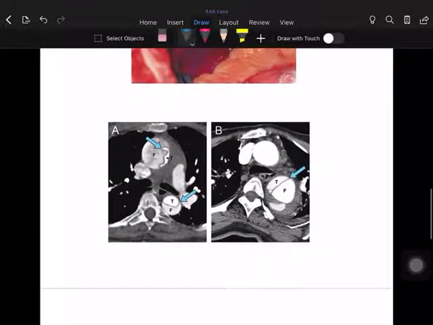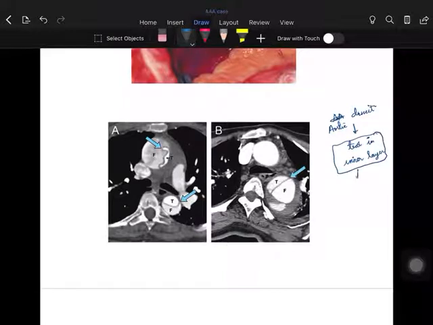This is a case of aortic dissection. Dissection is when there is a tear in the intimal layer, the inner layer. After the tear in the inner layer, the blood accumulates between the inner layer and the middle layer.